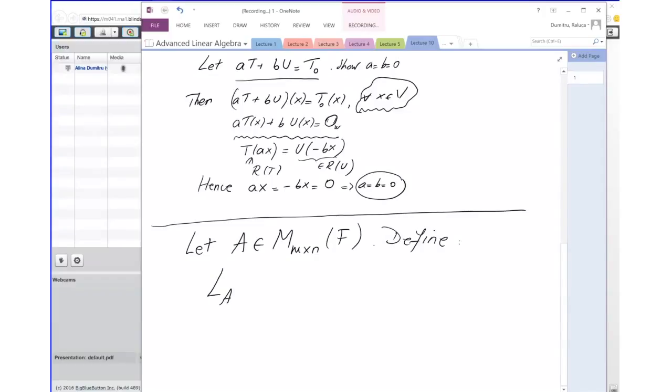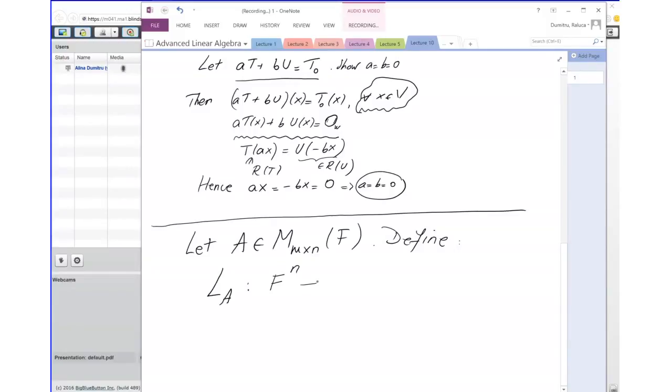It's customary to call it L sub A. So L sub A will go from, I want this transformation to have A as the associated matrix, okay? And it's m by n, so it has to go from a space of dimension n into one of dimension m, to get to m by n.